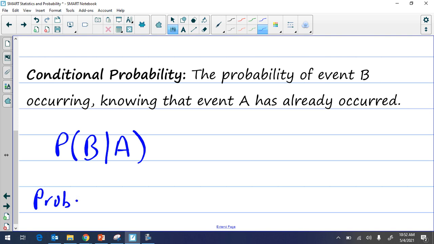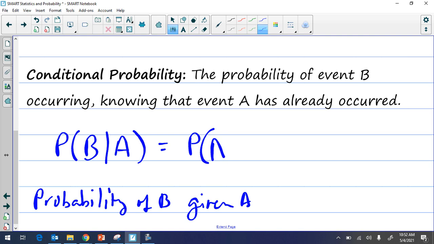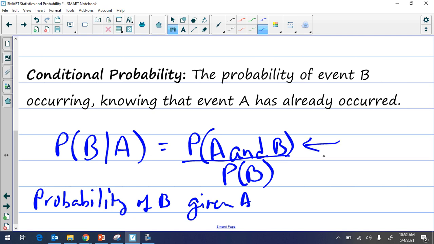Probability of B given A. There is a formula, and I'm going to give it to you, but I'm not actually going to show you how to use it because we're doing that quick little probability unit, and we're going to use logic instead of the formula because I didn't show you how to do that part yet.